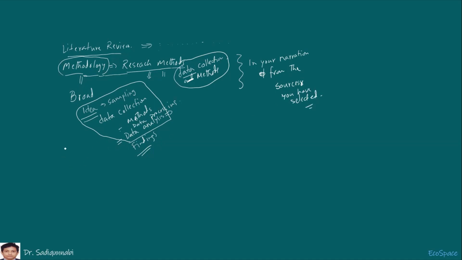And then it is maybe 5, it is 6, then 7 is findings, 8 is discussion, and 9 is conclusion, and 10 is references.